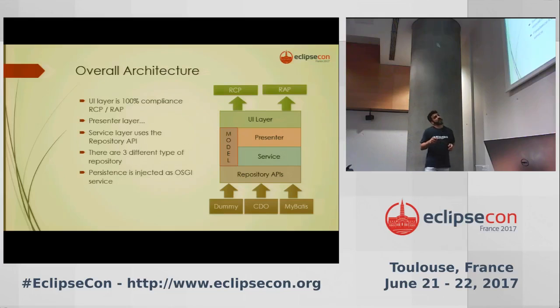Then we can switch between RCP and RAP by simply switching the target platform. And we have three different implementations of the repository API, and we plug these implementations in via OSGi services.